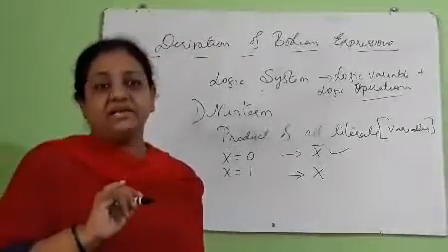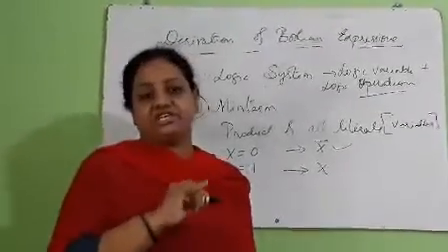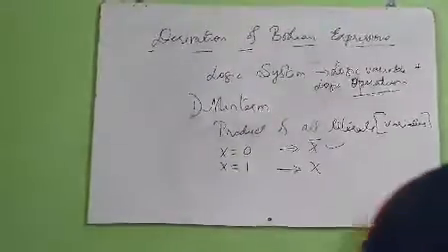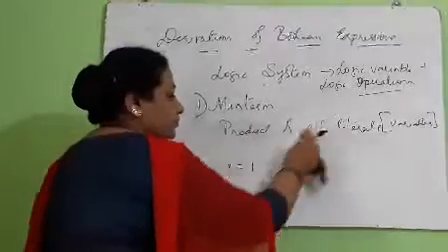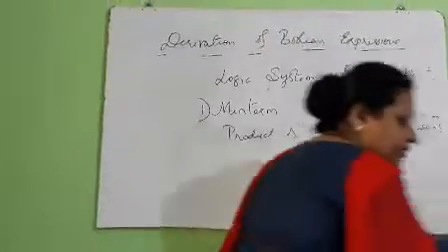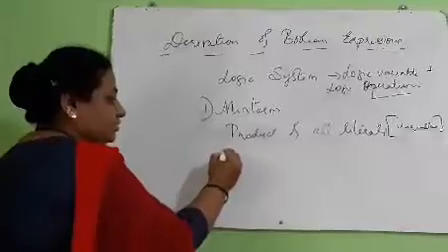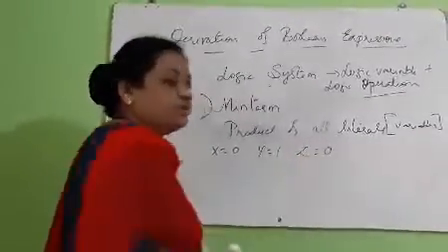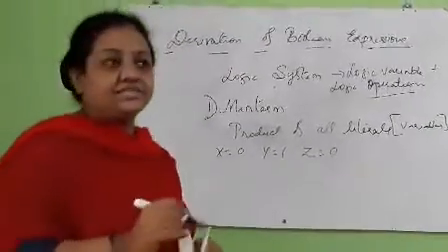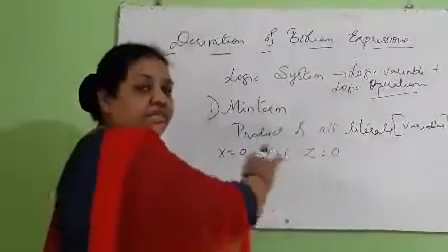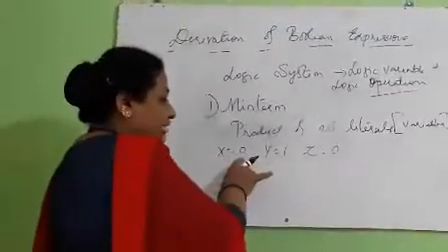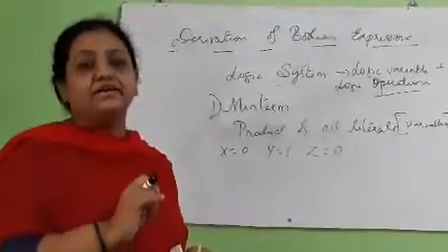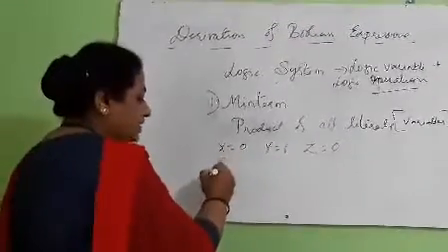For example, let us write a minterm expression where x is equal to 0, y is equal to 1 and z is equal to 0. In a logic system, we have three variables x, y, z and the values are 0, 1 and 0. Let us write the minterm representation for the same.